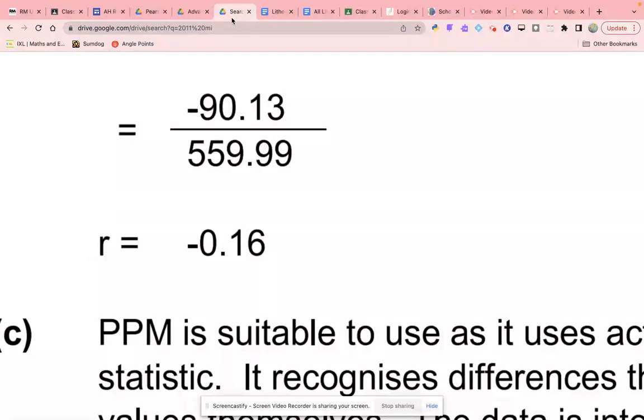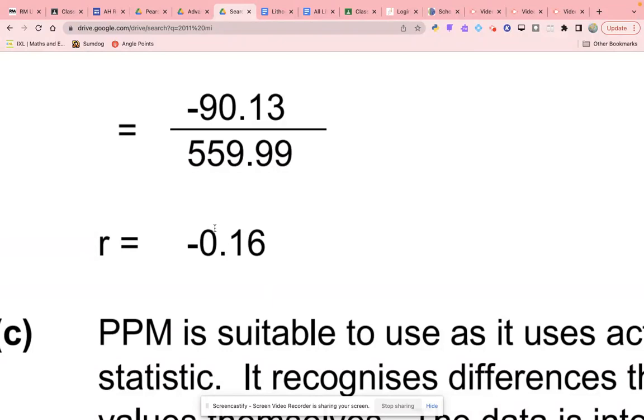So we have a negative relationship. The number is also quite close to 0. It's closer to 0 than it is to negative 1. And therefore, it would suggest a weak negative relationship. And the reason I say weak, because that number is very close to 0. Had it been 0.9 or negative 0.9, then I would have said it's very close to negative 1, or if it was a positive, I would have said close to positive 1.